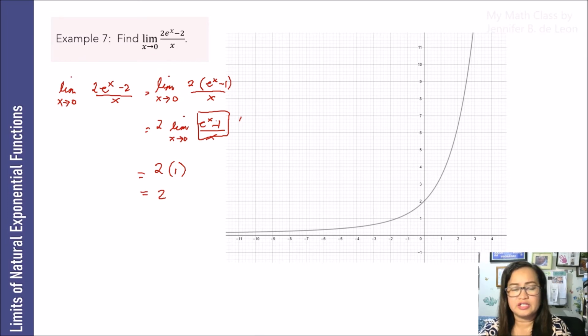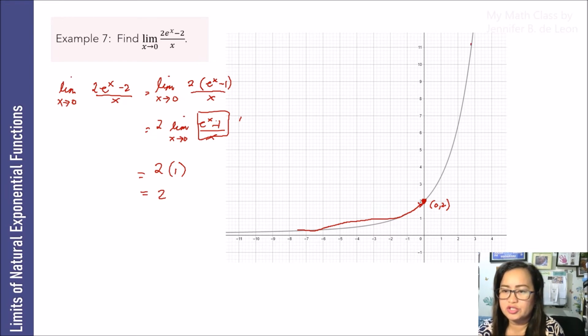Okay, now that is for the algebraic solution. Now what if we have the graphical method? Here is 0. The ordinate of the point is 2. As x approaches 0, we arrive at f of x equals 2.